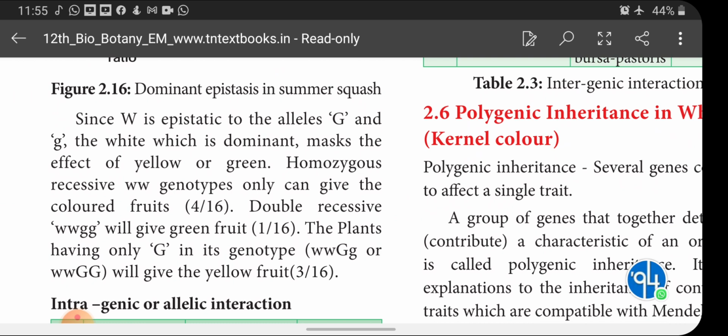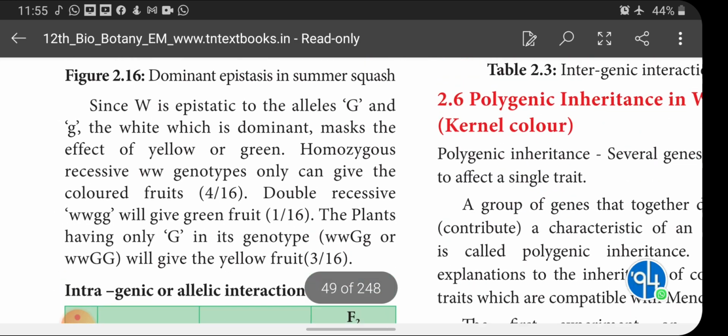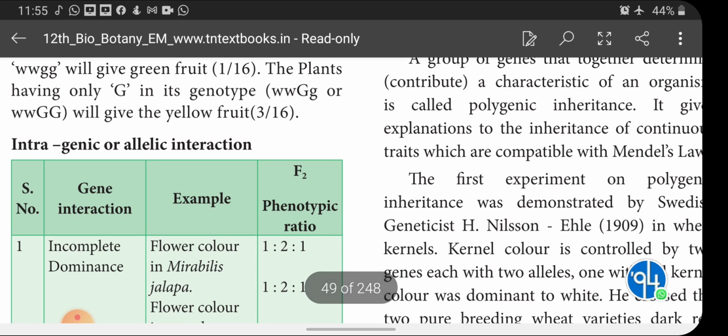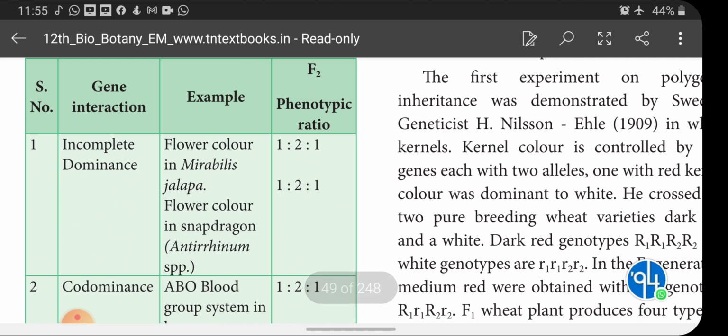So the plants having only capital G in their genotype, that is small w capital G small g, or small w capital G, will give the yellow fruits in the ratio of 3:16. That's what is given in the checkerboard also, children. Please go through it.